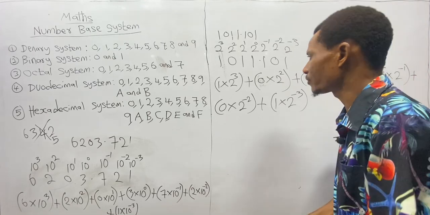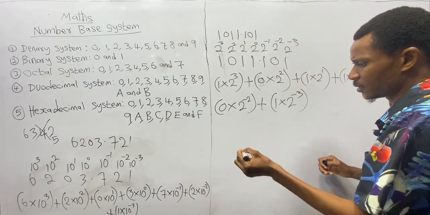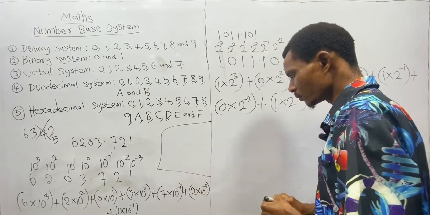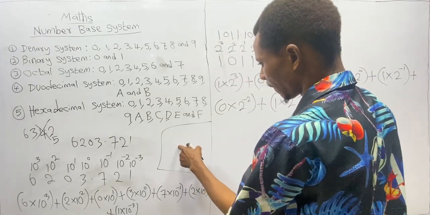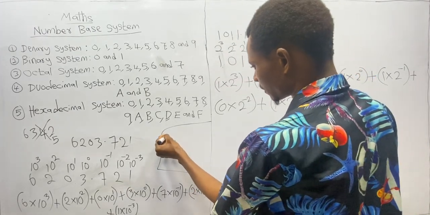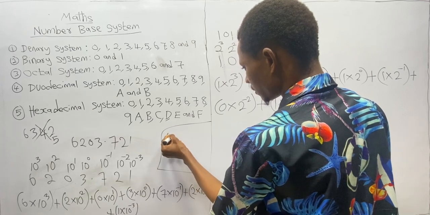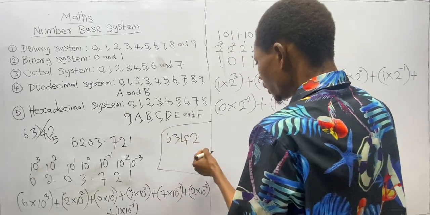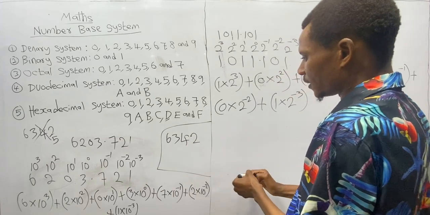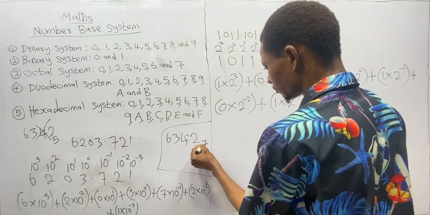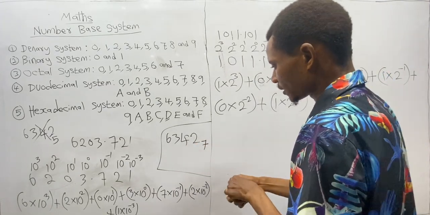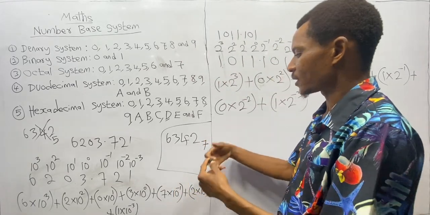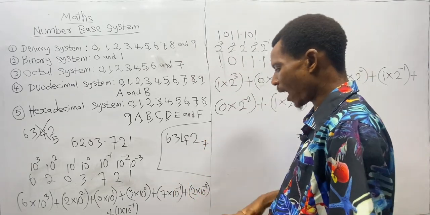So also, if you have something like this, let's say 6, 3, 4, 2. We can say this number is in base 7. It will be correct. You can say it's in base 8 to be correct. You can say it's in base 9 to be correct. You can say it's in base 10 to be correct. Why?